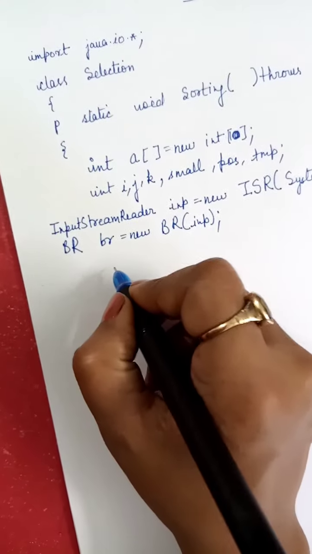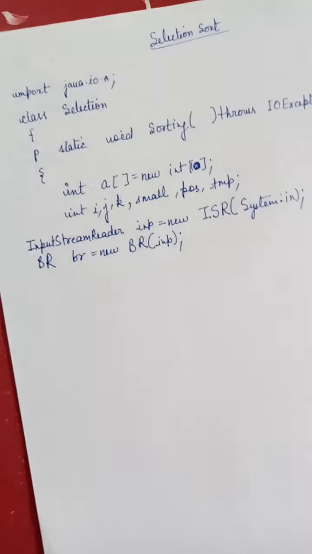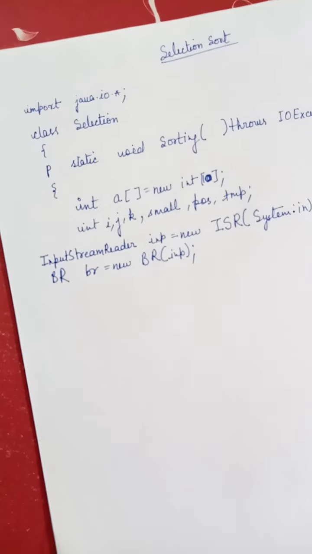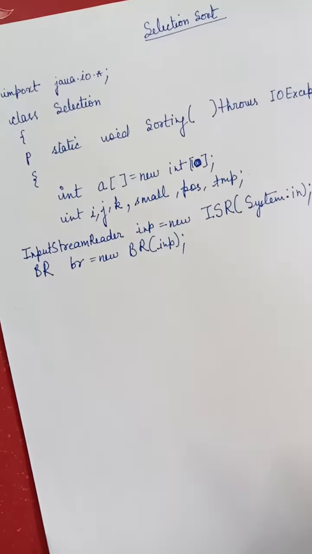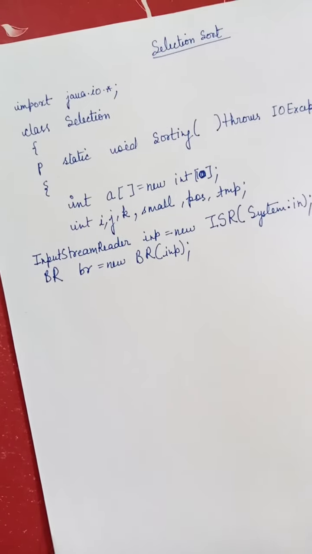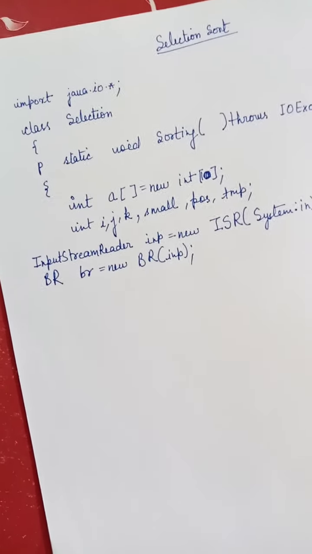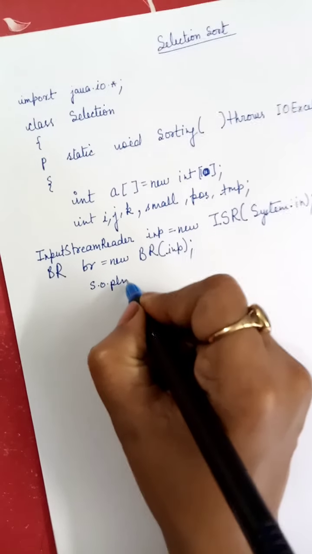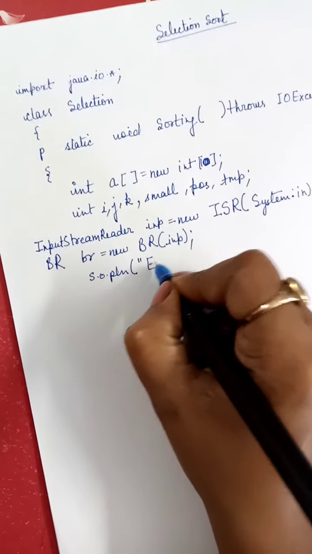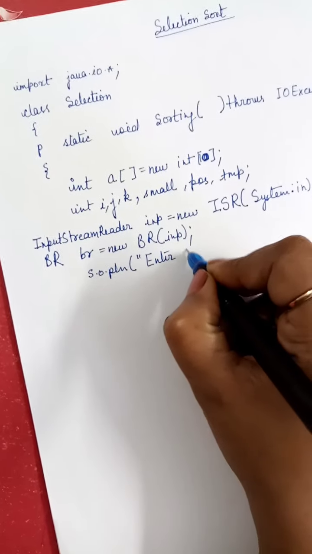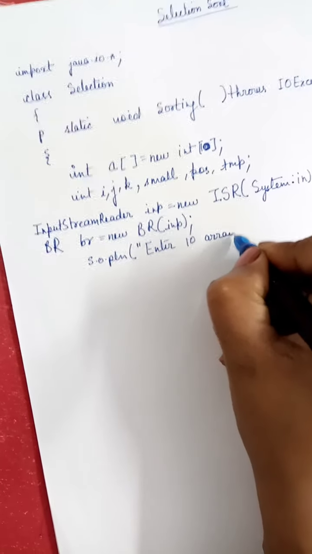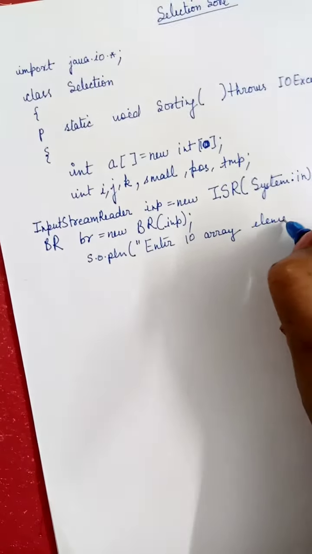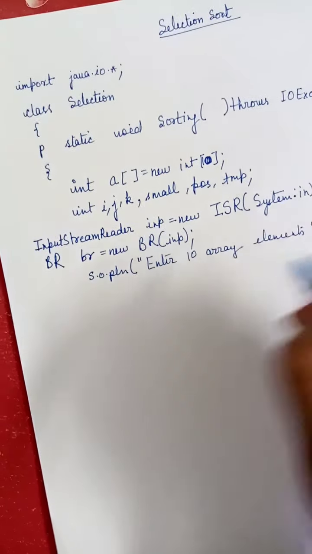Now we have to take the values from the user. You can initialize the array also, that will depend upon the program's requirement. I am taking from the user, so I am just going to print a message on the screen: Enter 10 array elements, or 10 integers you can write.